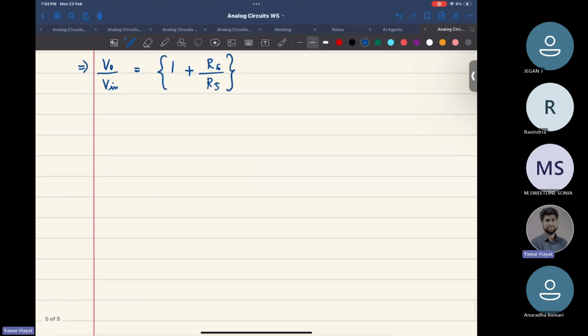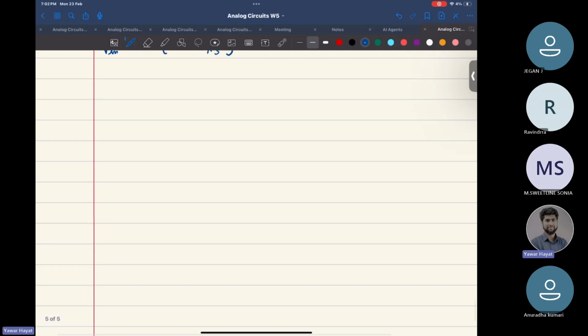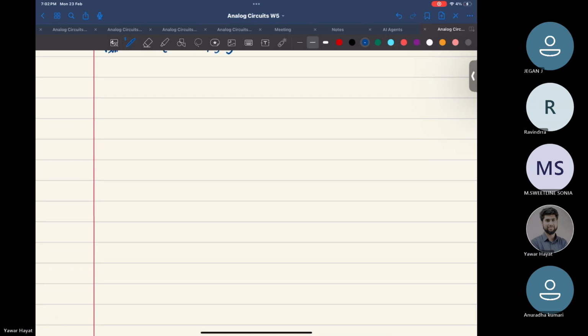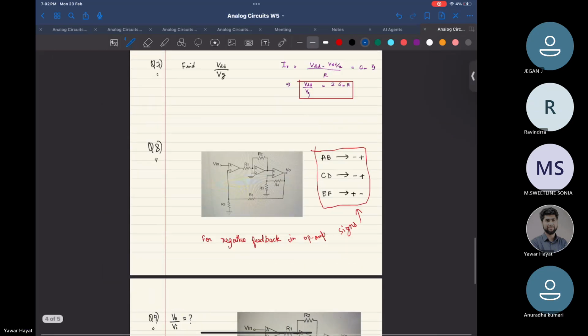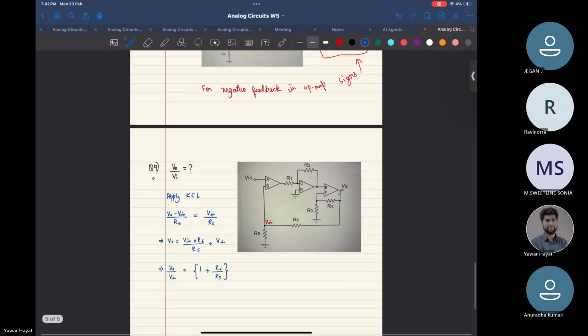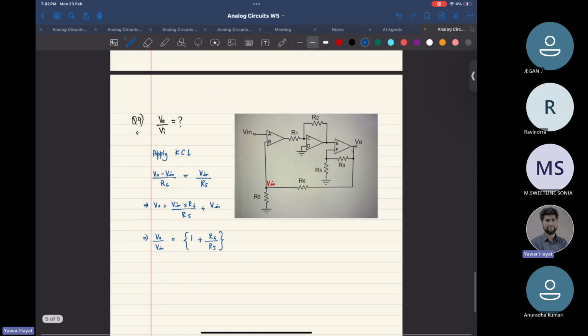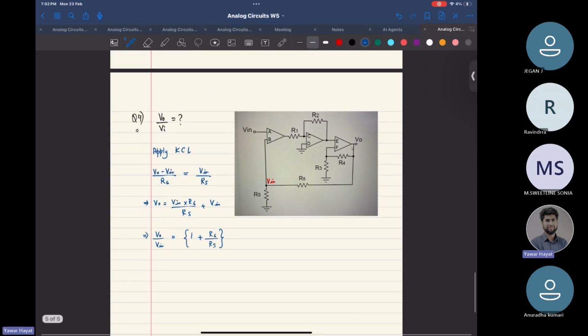Okay, now let's take another one. For that, I guess I need to again take a snap, or is this the same circuit? A, B, R1, R2, C, D. Let's say this is Vx now.